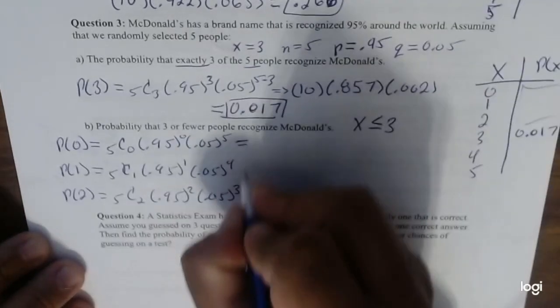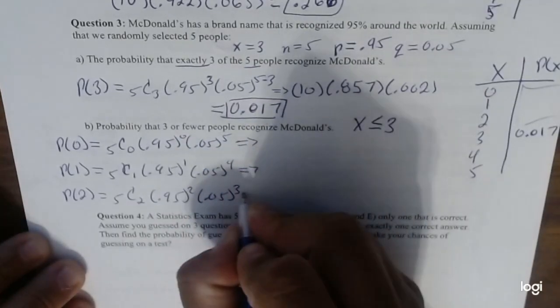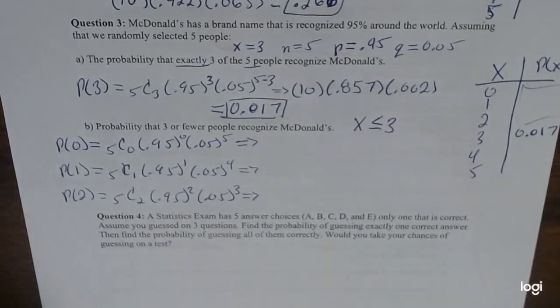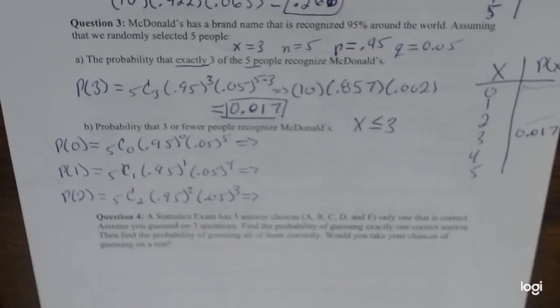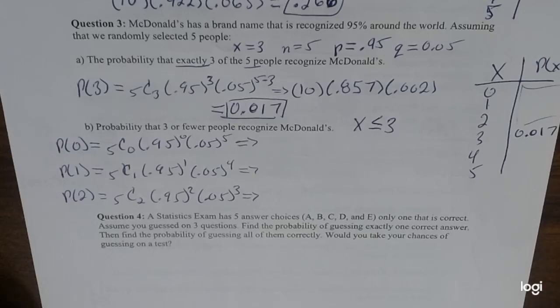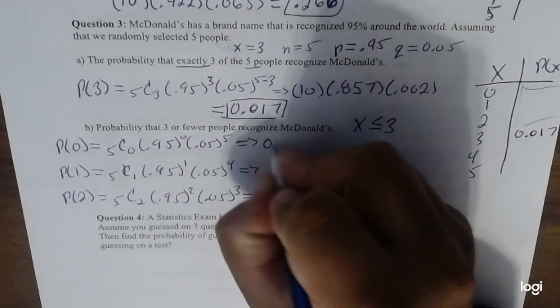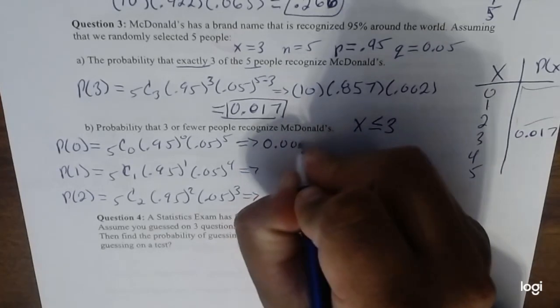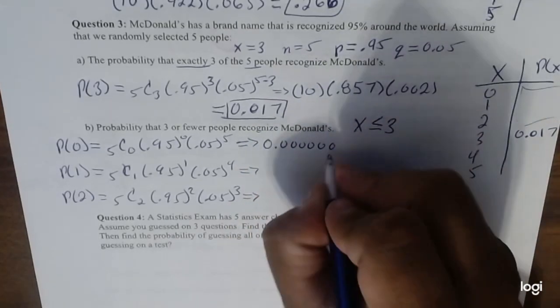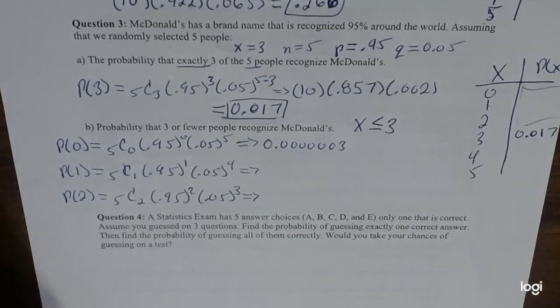Okay. All right. Okay, so that's going to give us, let's see what we get for each one. It's going to be a super small number. So essentially 0. 5 choose 1 is 5.